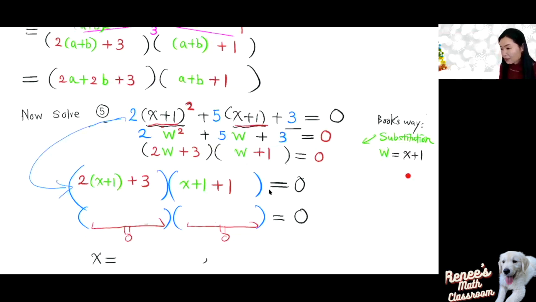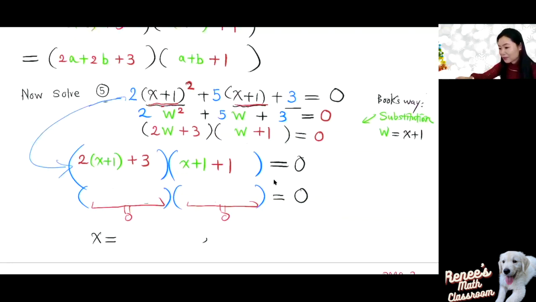Now, for some of you, actually for me, I like to go straight from here to here. Whichever way you feel more comfortable. So I factor this by trying and error, and I get to this one over here. Now remember we just distribute this. It was 2x plus 2 plus 3, which is 2x plus 5.